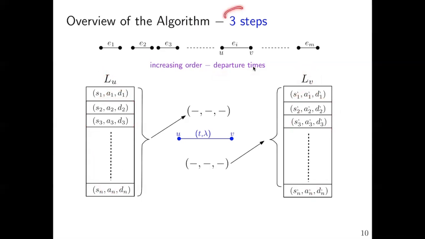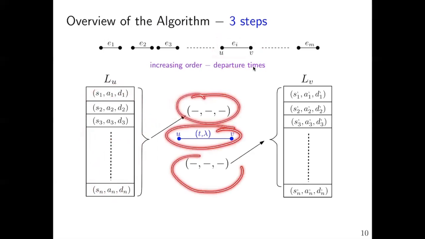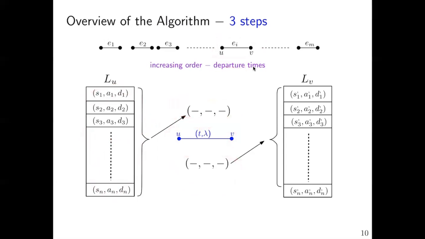Now when we discuss these three steps, the first step is, whenever we are looking at the current edge, say ei, among all these triples we choose one predecessor triple, which is nothing but choosing one partial journey and combining this partial journey with the current edge to create a new journey, or new triple.